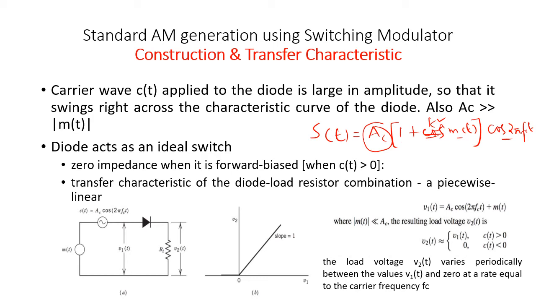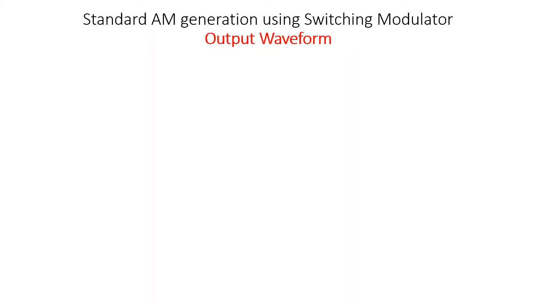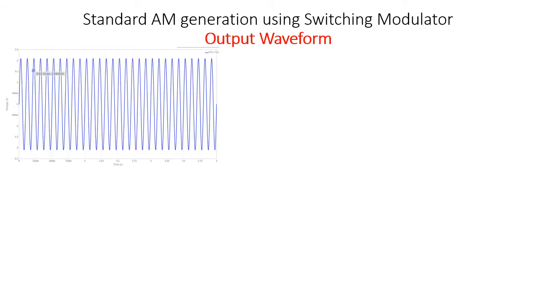So maybe we'll try and mathematically model it, but before that we'll see the output waveform. These results I have simulated in Multisim Live, and the same results I'm showing here. In this slide itself I'll give you the link to use that Multisim Live simulation.